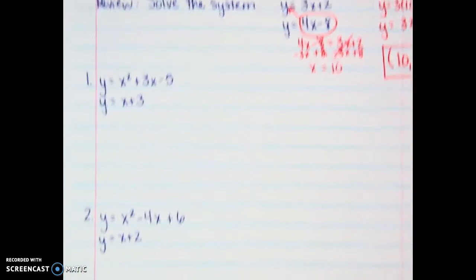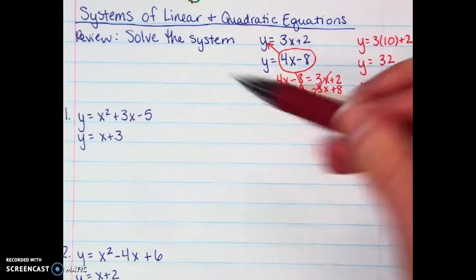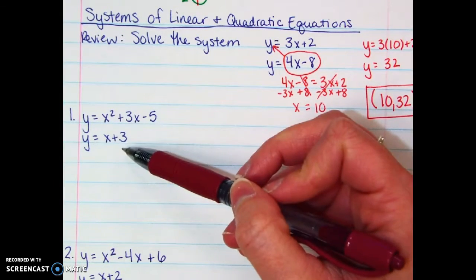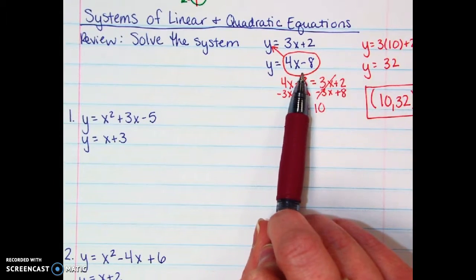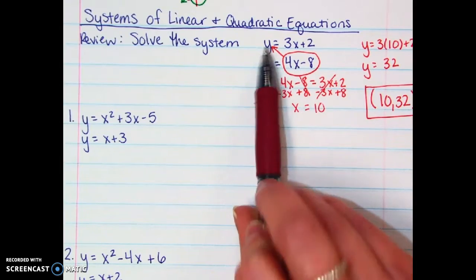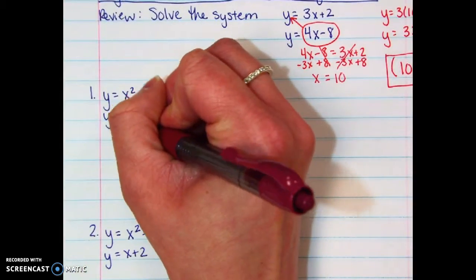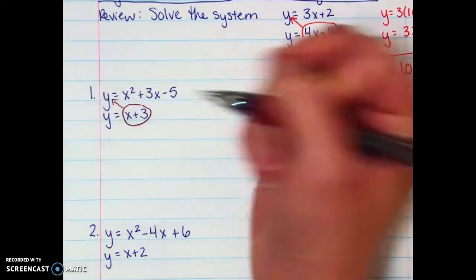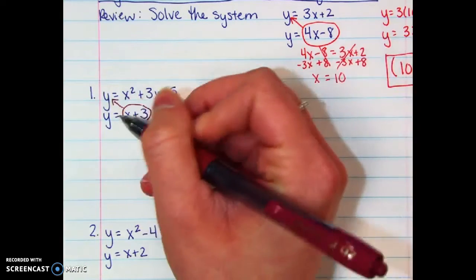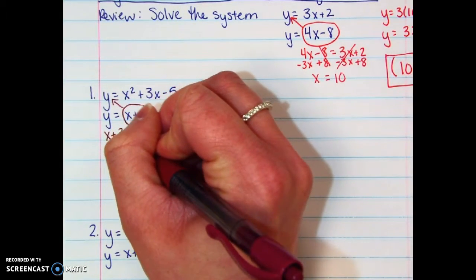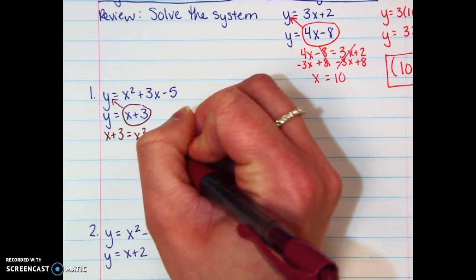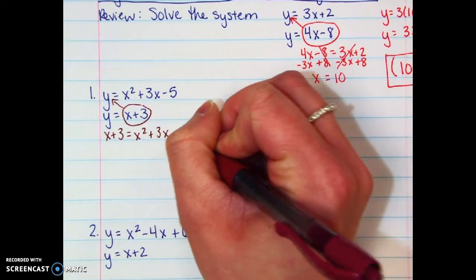So let's look at number 1. We have both of them here. If you see what I did here, I took this one and plugged it in up there. That's what I'm going to do down here also. I'm going to take the x plus 3 and plug it in for that y. That gets me x plus 3 equals x squared plus 3x minus 5.